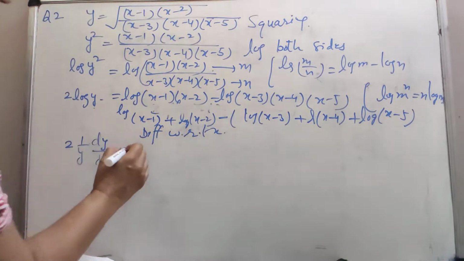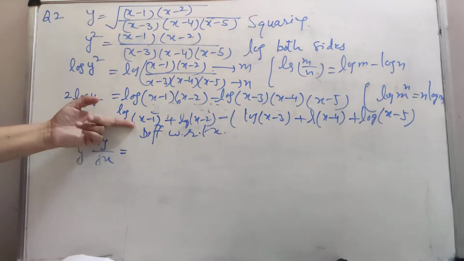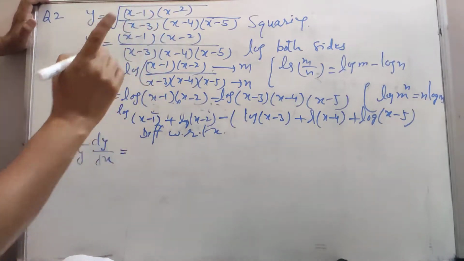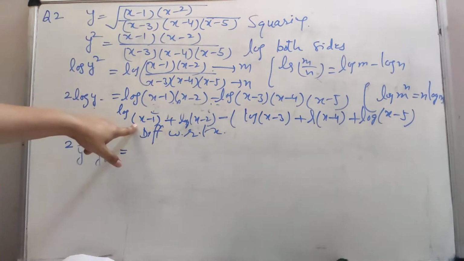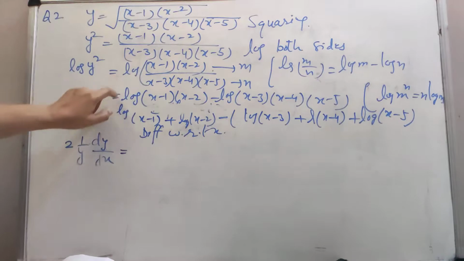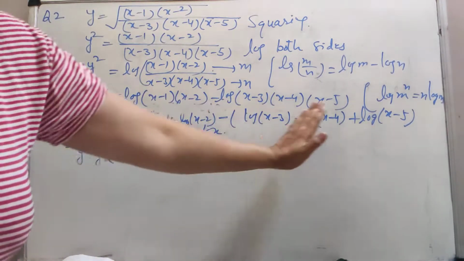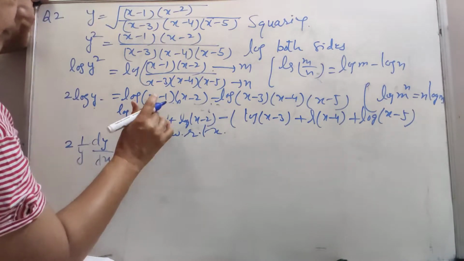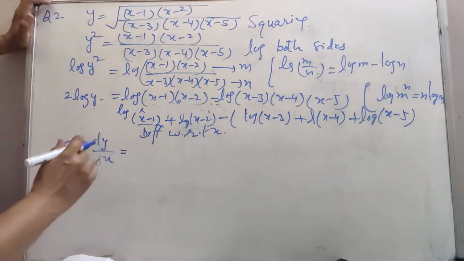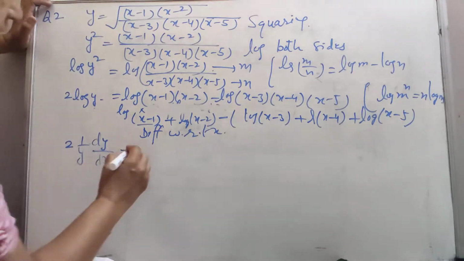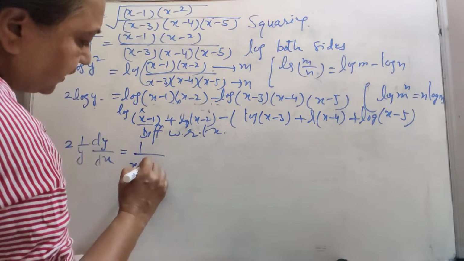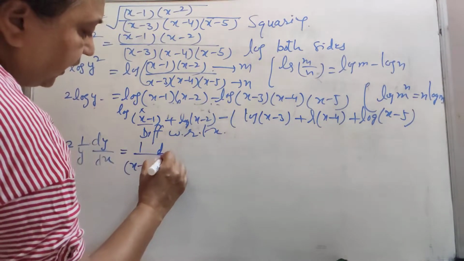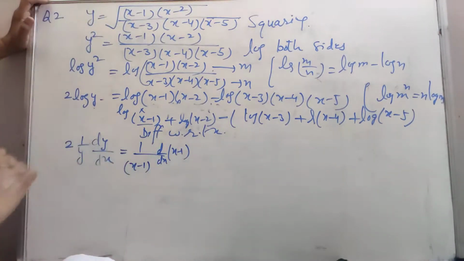Now, what is the derivative of log x? I will do only one portion, full logarithm, the rest of it is the same. See what happened? This is your capital X, as a chain rule. So what is the derivative of log x? That is 1 upon x, it is x minus 1, into the derivative of x minus 1.